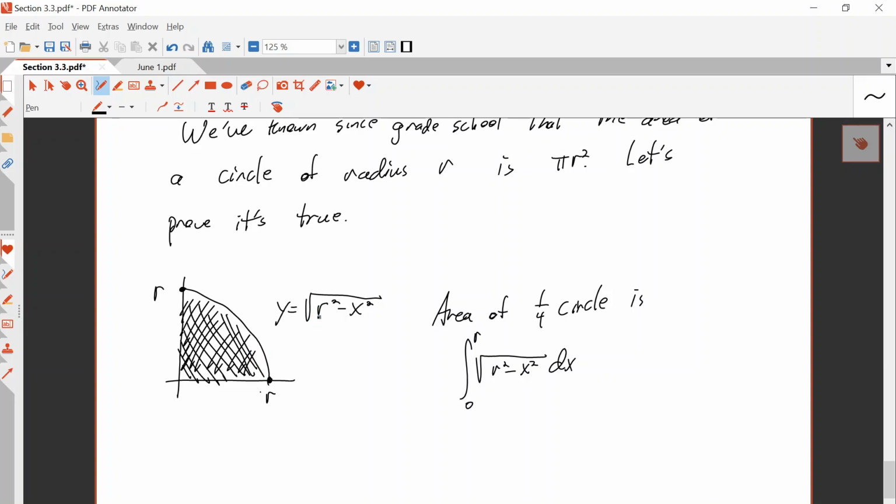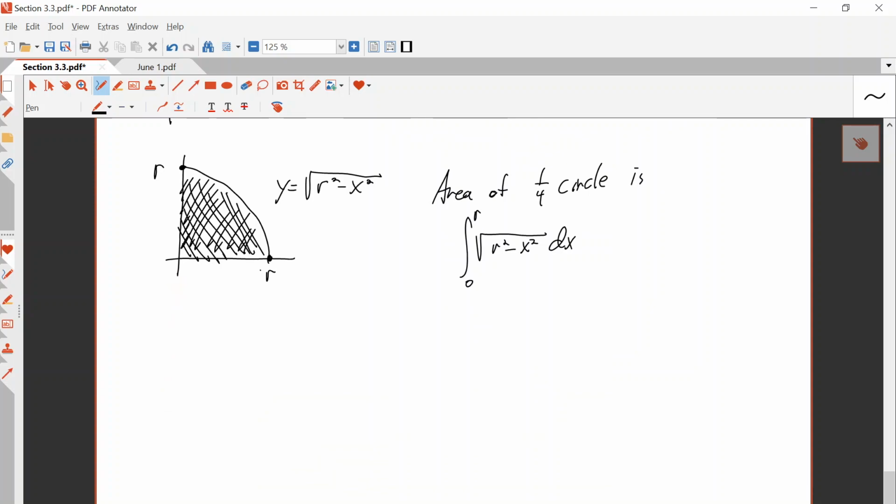So we'll find that area and find that it's this over 4. We'll get that as an answer, and so we know that the whole circle has area pi r squared. Okay, so we've got the integral from 0 to r of the square root of r squared minus x squared dx.